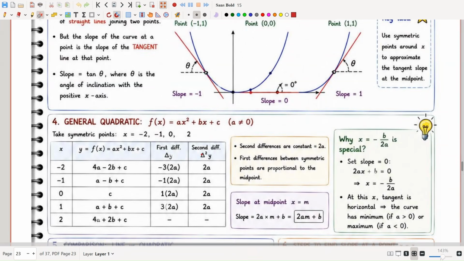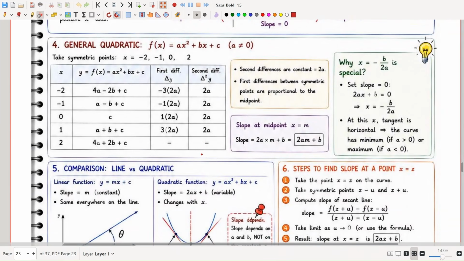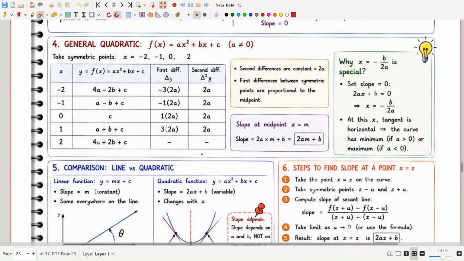Okay, so see here, I'm going to take this equation, f of x is equal to ax squared plus bx plus c. Then I'm going to take some symmetric points like minus 2, minus 1, 0, 1, 2. First I'm going to substitute x is equal to minus 2.